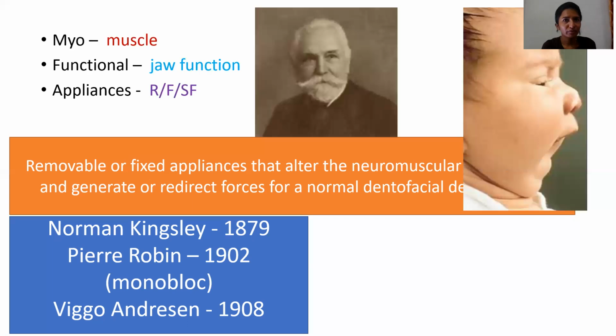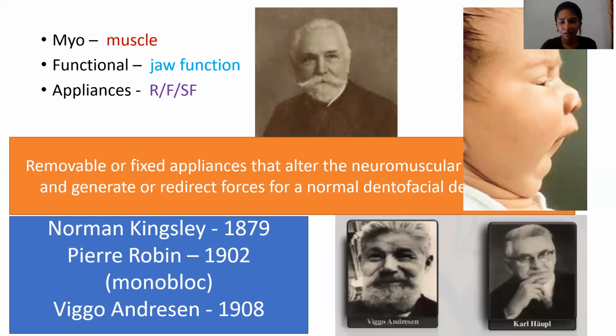It is actually a triad of cleft palate, glossoptosis, and mandibular deficiency or mandibular retrognathia. So when such a patient was treated by Pierre Robin with the monoblock, the syndrome became named after him as Pierre Robin syndrome. Later, Viggo Andresen and Carl Haupl, in 1908, introduced the very popular activator appliance.